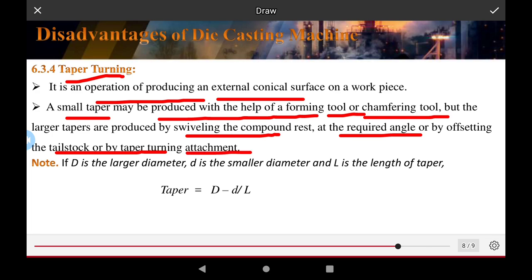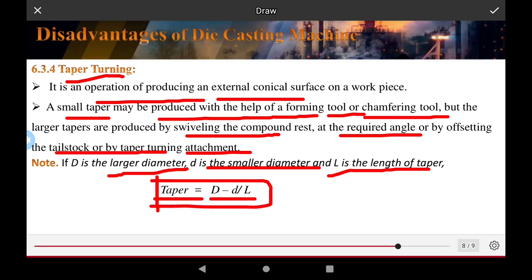If capital D is the large diameter, small d is the smaller diameter, and L is the length of the taper, then taper equals (D minus d) upon L. This is the formula for the taper.